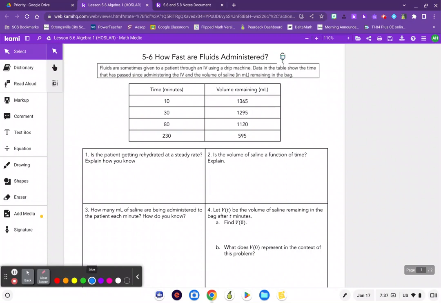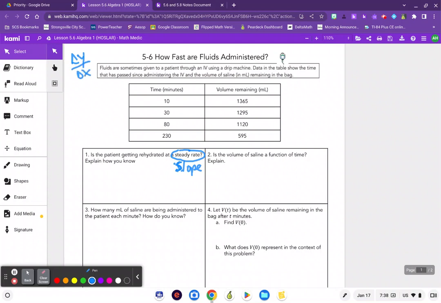In order for the patient to be getting rehydrated at a steady rate sounds a whole lot like slope. And slope, if you recall, is change in y over change in x.